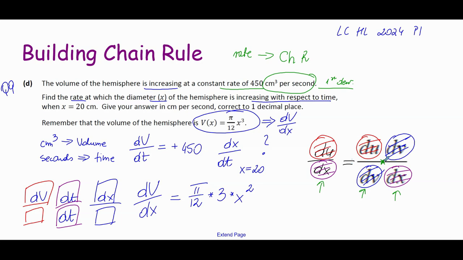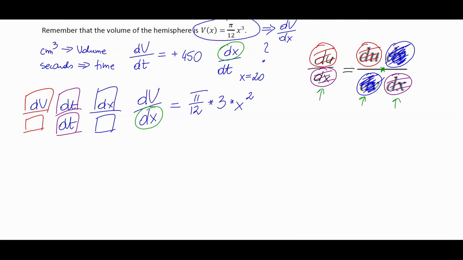Now, which two am I going to multiply and which one am I going to equal? Again, you can see it: the one that has the element on the top and on the bottom. Which two have that element? Yes, dx here. So that means that my chain rule will be dV over dt equals, and it doesn't matter which one is first, which one is second, because it's a multiplication.